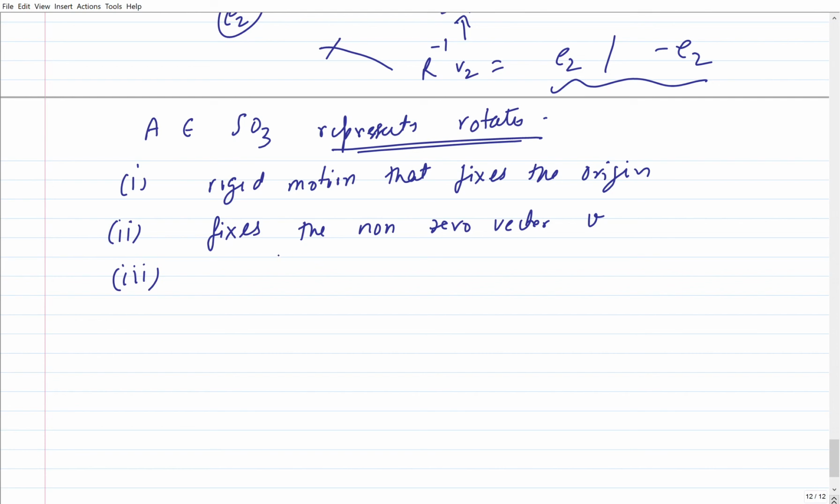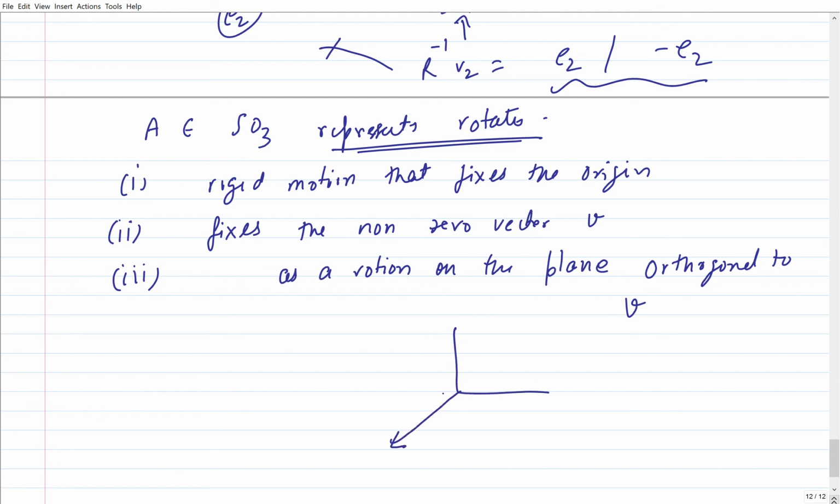Once it has fixed that vector, this operates as a rotation on the plane orthogonal to V. So once you fix the axis, it just boils down to the rotation of the YZ plane. That was sort of our idea.